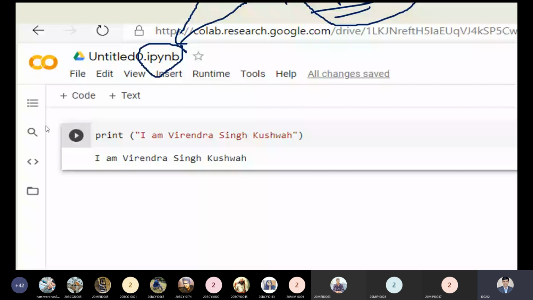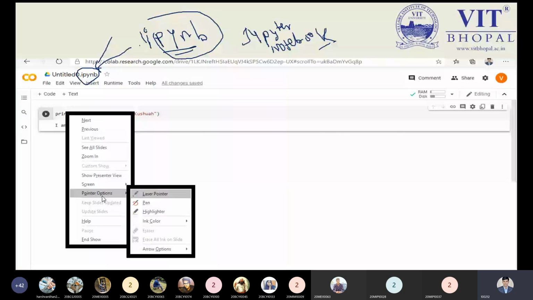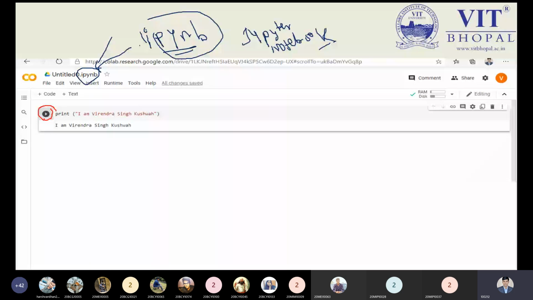After executing this code by clicking on this button, there is no error in the syntax, so I got the message I am Biren Singh Kushwaha. That is my result. This is my input part and this is my output part. This process is done by this button and handled by the Python interpreter only. So this is my first program I have shared with you.